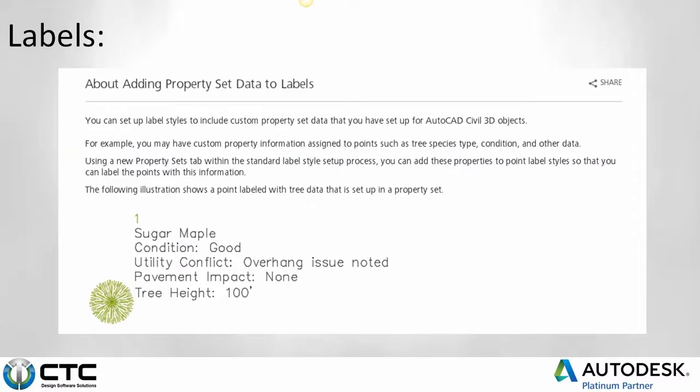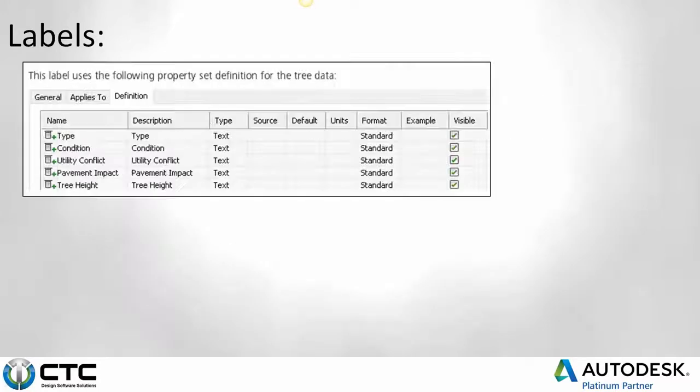Labels. I have the ability to now add property sets to a data label. So if you shot a tree, you have the ability to actually have your label come in and now say condition good, utility conflict, pavement impact, and maybe even the height of the tree. The labels work by coming in and defining what criteria you need.